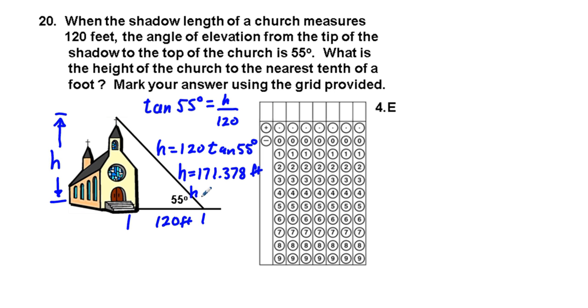So h is going to be approximately equal to 171.4 feet, which we can mark here on our grid provided. 171.4. There's 171, and 0.4.